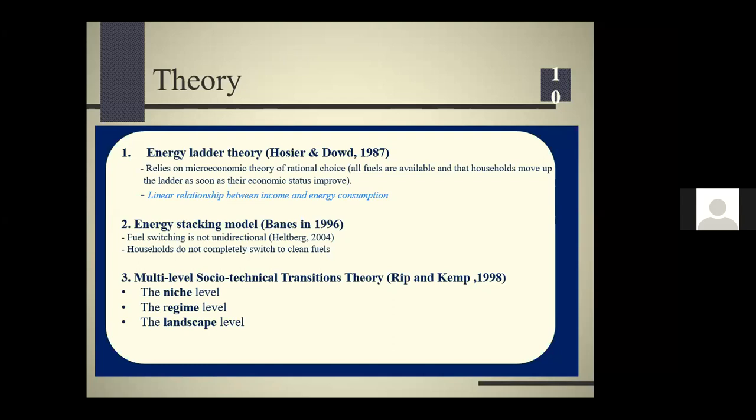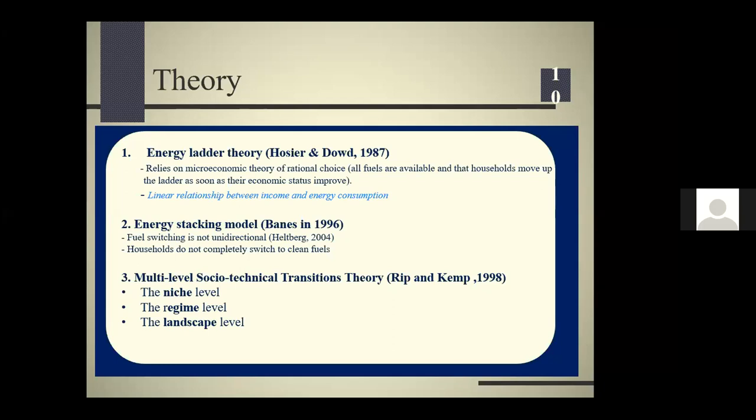Now, while reviewing these theories, you notice that the energy ladder theory relies so much on the microeconomic theory of rational choice, that all fuels are available and that households move up the ladder as soon as the economic status improves.